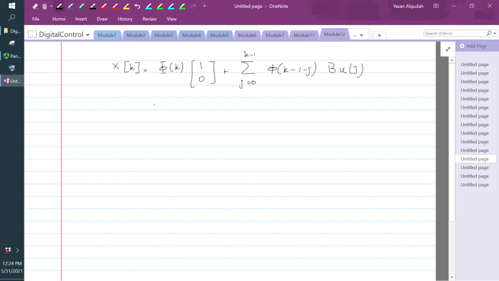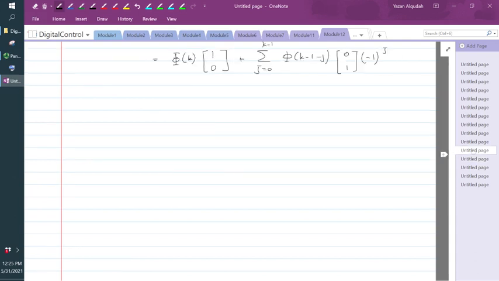And therefore this is going to equal, we know the phi, phi of k multiplied by 1, 0, which is the initial conditions, plus the summation from j equals 0 to k minus 1 of phi of k minus 1 minus j multiplied by the B matrix, which is 0, 1, and multiplied by the input, which is negative 1 to the power of j.